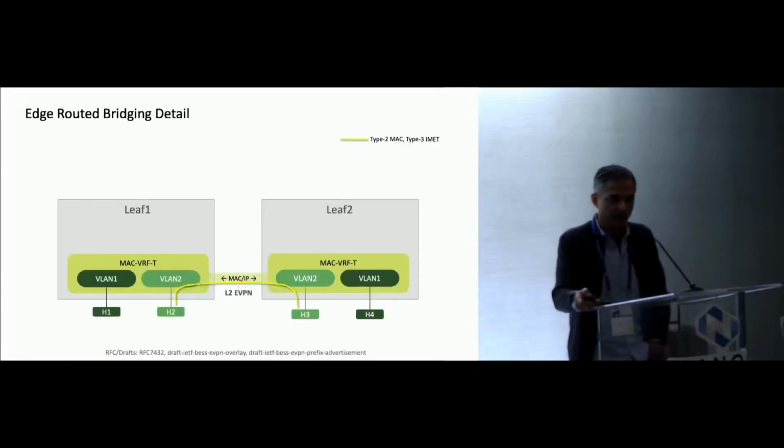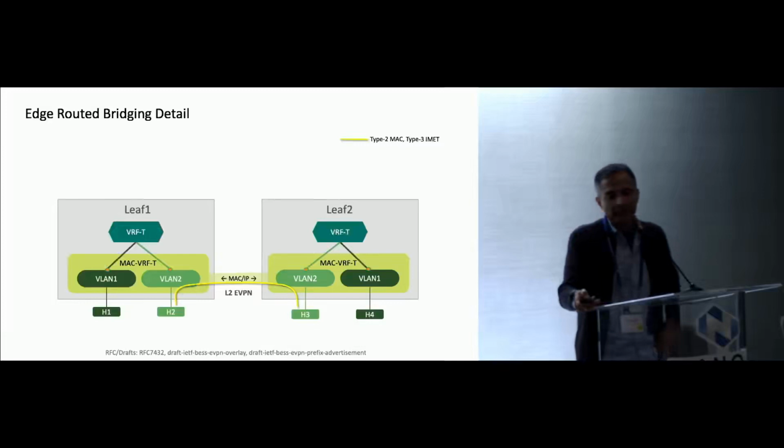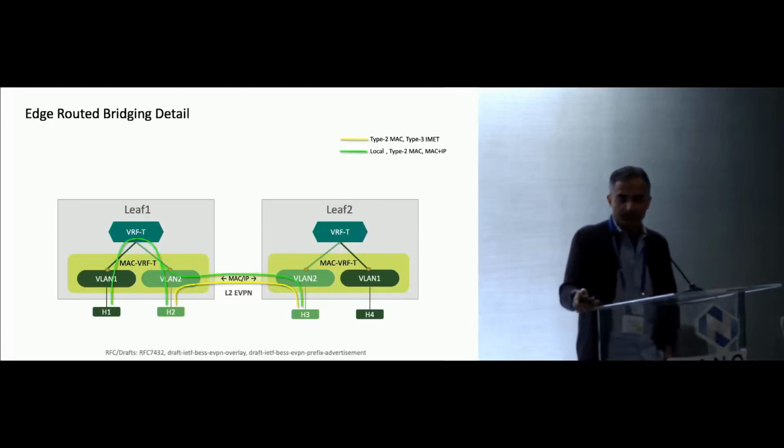So a little quick detail. We start again with the pure bridging service model. And then we add the tenant VRF to all the leaves. Now we have local inter-subnet routing. With the type 2 MAC plus IP route, ARP table synchronization, we have inter-subnet routing between leaves, and this is asymmetric.